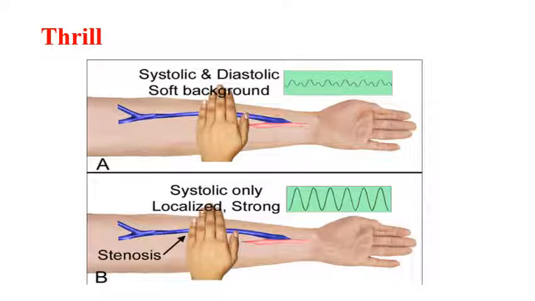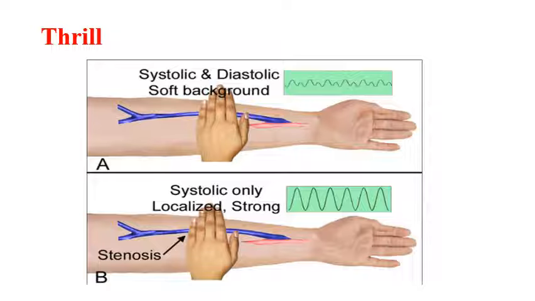When you put the palmar surface of the hand over the vein or over the fistula, you can feel this vibration, systolic and diastolic. If you feel it only systolic and strong and localized, this means that there is stenosis over the vein.